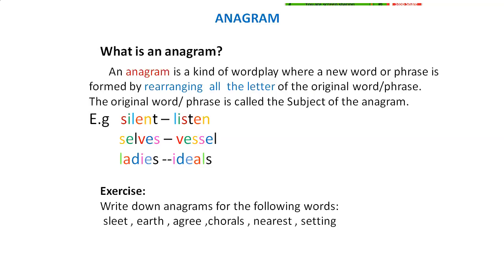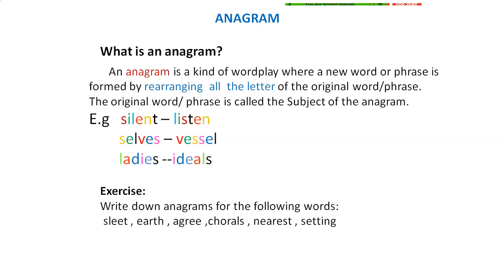The original word or phrase is called the subject of the anagram. So what we do is take this original word or phrase, that is the subject, and we rearrange all the letters that form this word and use them to form another word which has a totally different meaning.